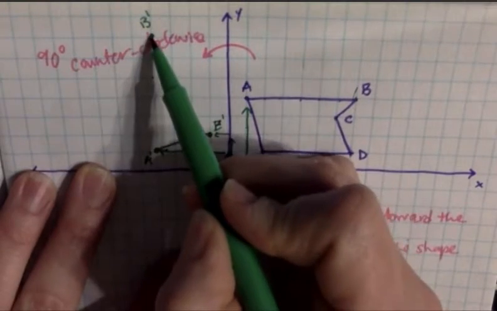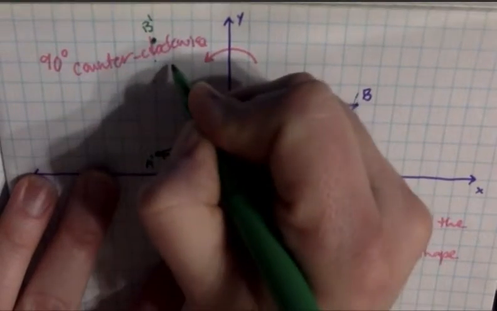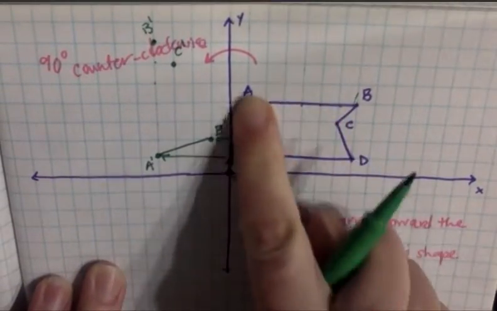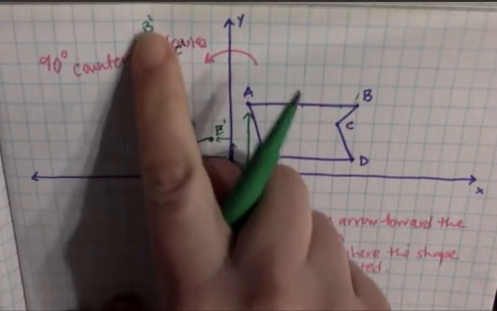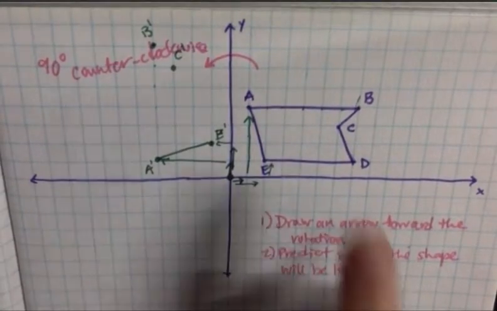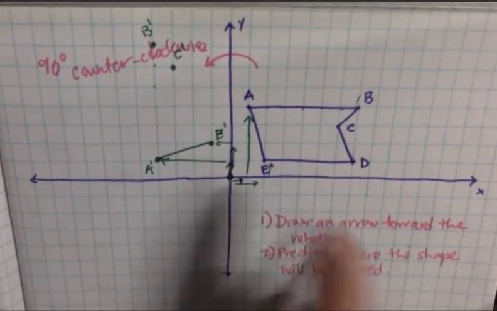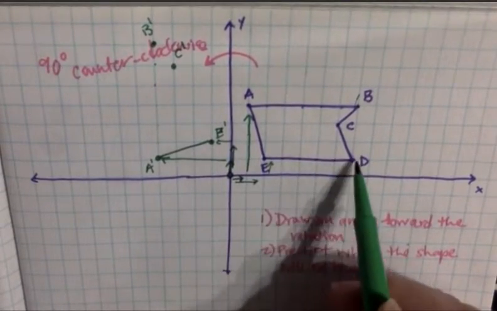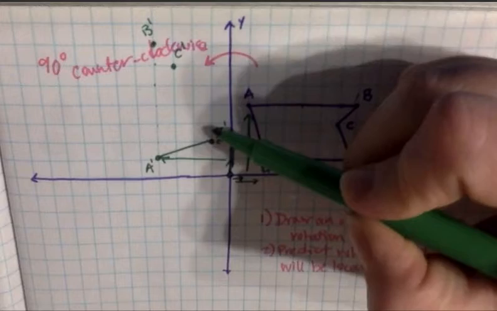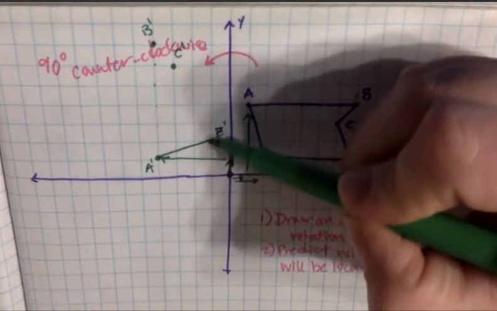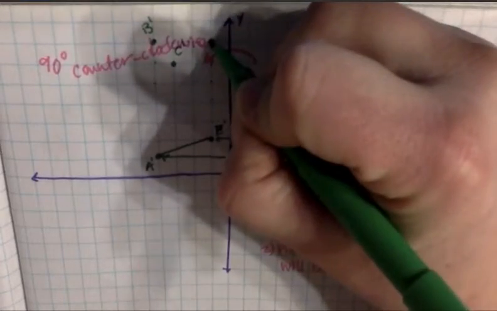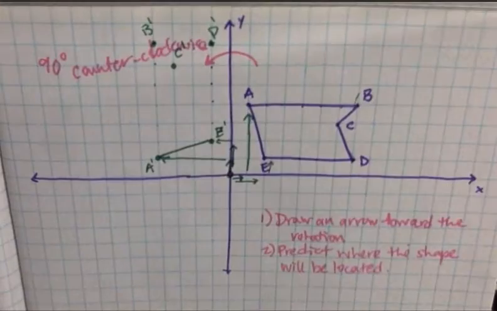So that means I'm going to go down 1 unit and to the right 1 unit to get my C prime point, because again, I want it to be within this shape. It's my concave aspect of this. And D, I can look at in comparison to this E point and go 1, 2, 3, 4, 5 units to the right. That means I'm going to go 5 units up from E prime, 1, 2, 3, 4, 5 units up to find my D prime point.